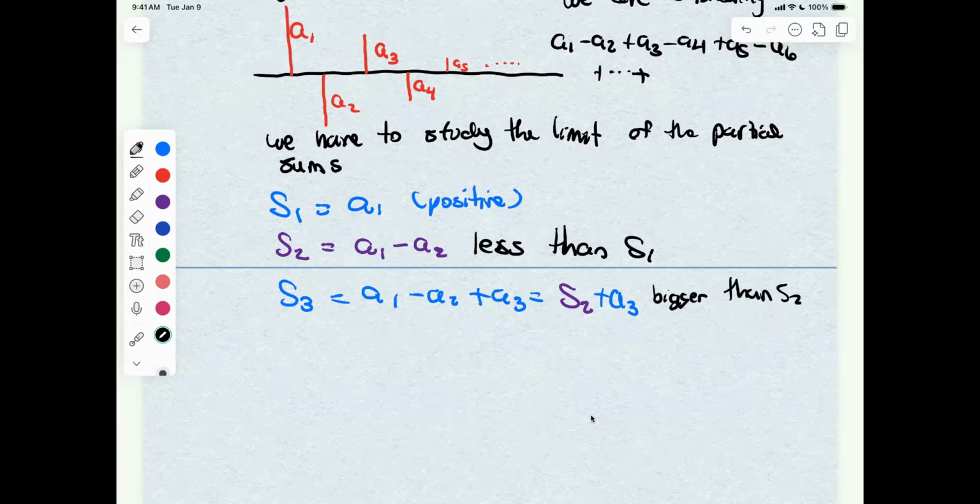So that is a bit bigger than S2, but it's still less than the original sum.